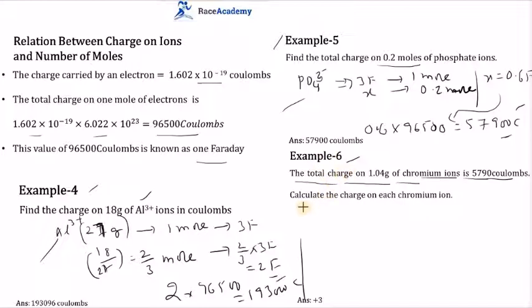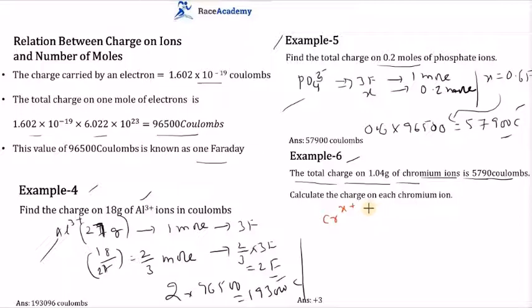Let us see the next example. Total charge on 1.04 grams of chromium ions is 5790 coulombs. So we don't know what is the charge on chromium ions. Assume some X is the charge on chromium ions. So chromium ion charge is X plus. We don't know that.